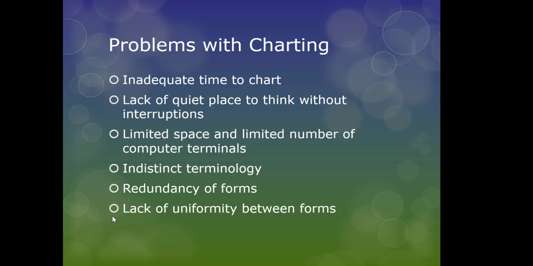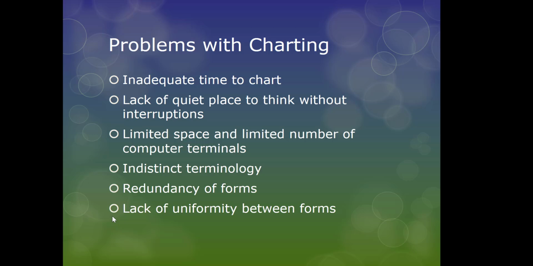There's also a problem with redundancy of forms. Sometimes we have forms that everybody comes up with their latest and greatest, and by the time you're done, you're charting something, but then there ends up being 3 different places you need to chart the same thing. That can be aggravating. On a paper chart, if you don't chart it in all 3 places, then it's incomplete charting.